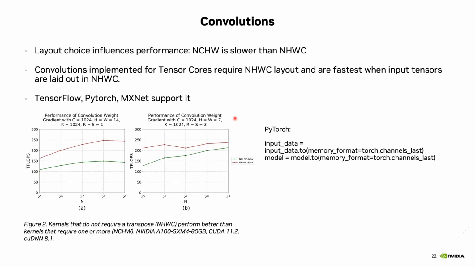Another piece of advice for convolutions. For convolution, it matters in which layout we're going to do our compute. It can be channel first, as the default, let's say in PyTorch, or it can be channel last, which is more efficient. And I think TensorFlow uses channel last, I'm not sure.